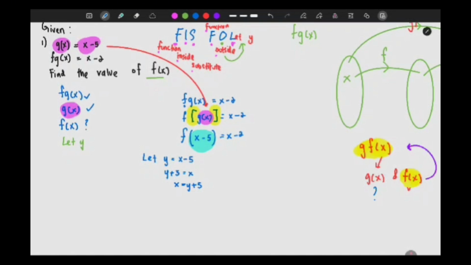Since you know your x is equals to y plus 5, I actually can substitute my x here as y plus 5. I bring this side. So my x now, I know it's y plus 5, right? So I change. And I minus 2. So the x here I change.